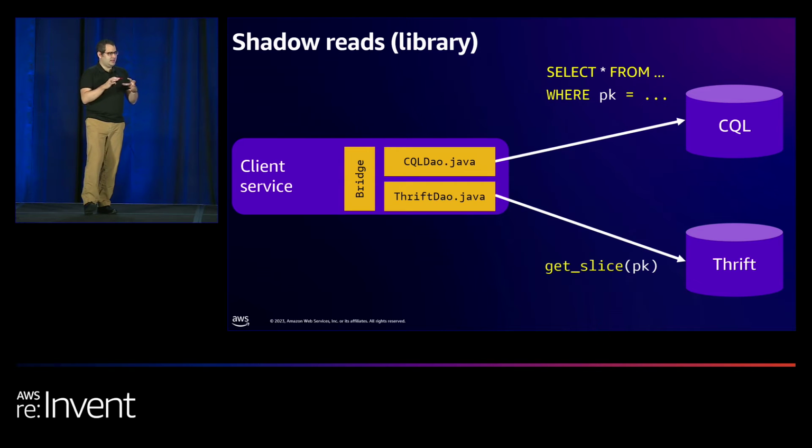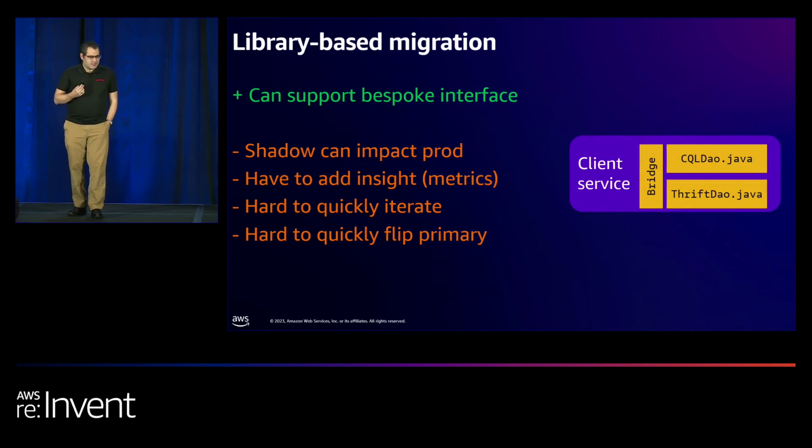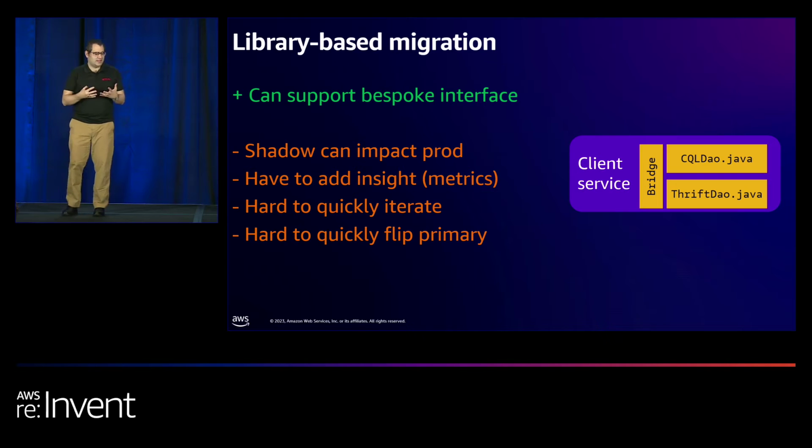So we can see how this shadow mode plus 2 implementations or more can be generalized both within a server and to libraries that implement arbitrary interfaces. Sometimes you have to do library-based migration for the reasons that I talked about earlier. But really it boils down to library-based migrations can support any bespoke interface, any interface that you can define in your programming language. You can use a library-based migration.